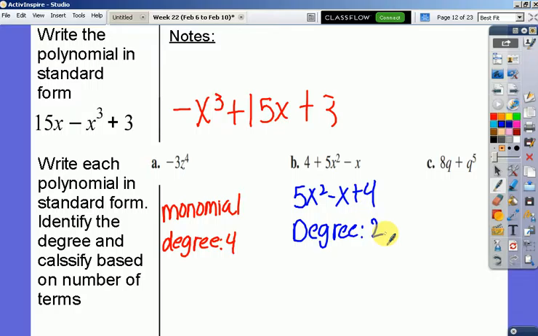Say monomial, binomial, trinomial. Trinomial. Is this linear, quadratic, or cubic? It's a trinomial and it's quadratic.